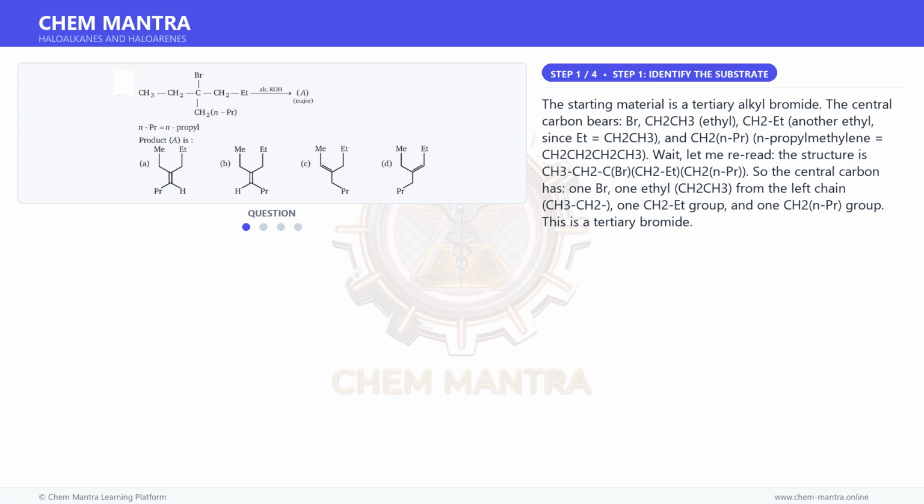The structure is CH3CH2, Br, CH2Et, CH2NPr. So the central carbon has 1 Br, 1 ethyl, CH2CH3 from the left chain, 1 CH2Et group, and 1 CH2NPr group. This is a tertiary bromide.